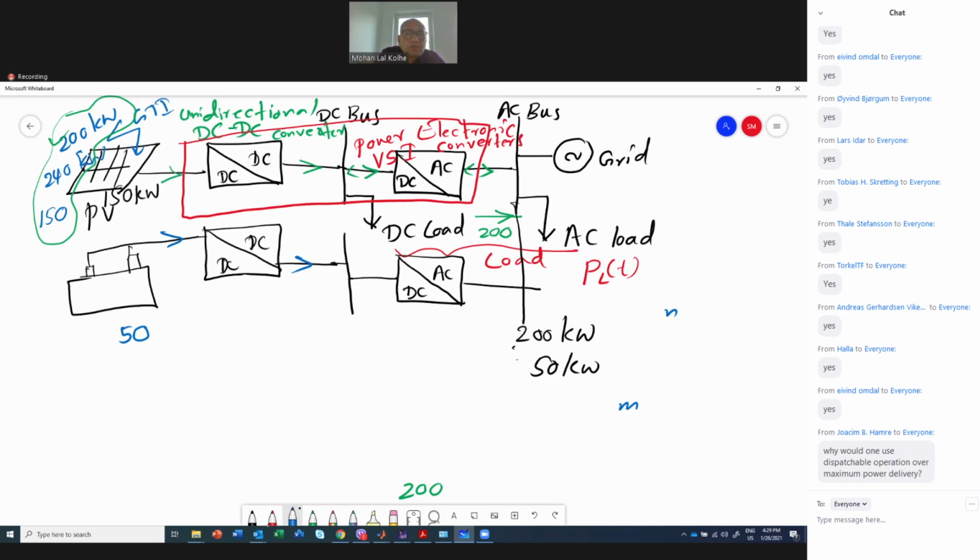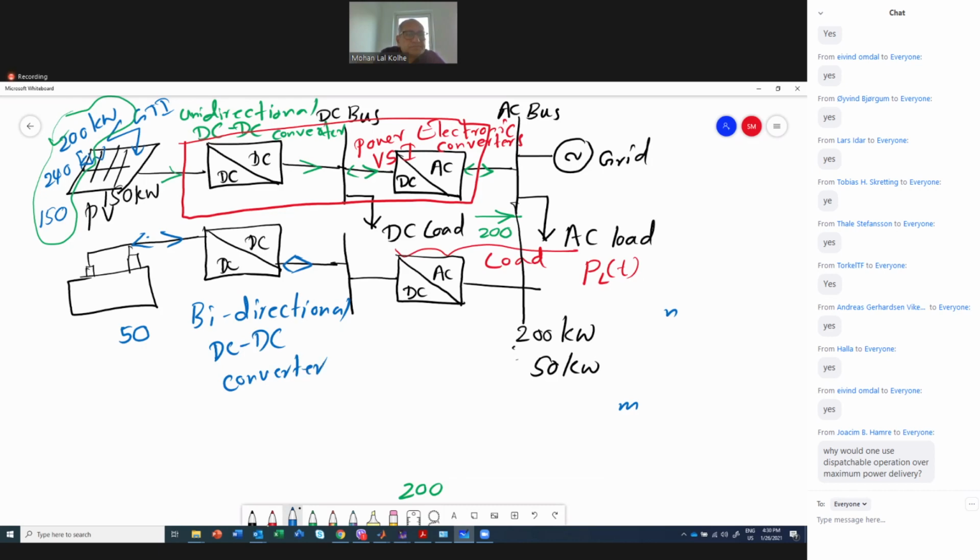The remaining 40 can be stored in the energy storage. So the power can be in this direction and also in this direction. Therefore, this converter is a bidirectional DC to DC converter.